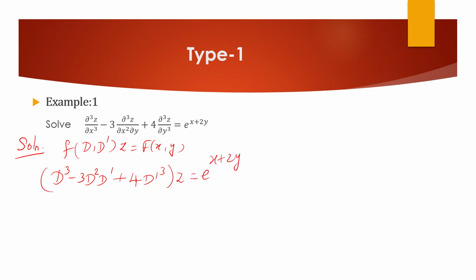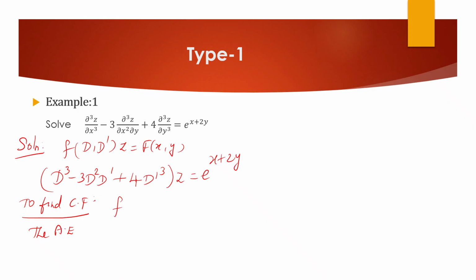First we have to find the complementary function by considering the left hand side, and after that, by considering the right hand side, we can find our particular integral. First, for finding the complementary function, that is to find CF, we write the auxiliary equation. The auxiliary equation is obtained by replacing D by m and D dash by 1.